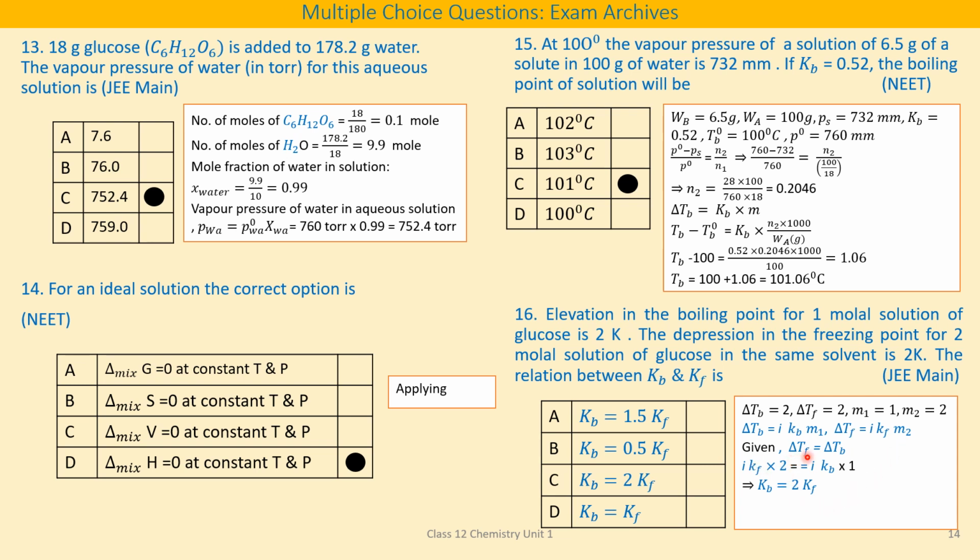Given delta Tf is equal to delta Tb. Therefore, i into Kf into 2 is equal to i into Kb into 1. So, i and i get cancelled. Kb is equal to 2 times Kf. This is option C.